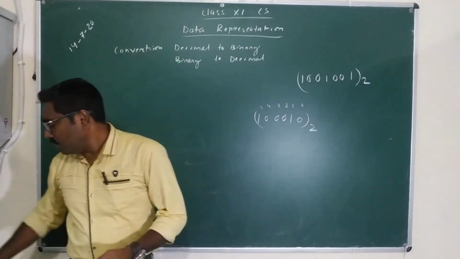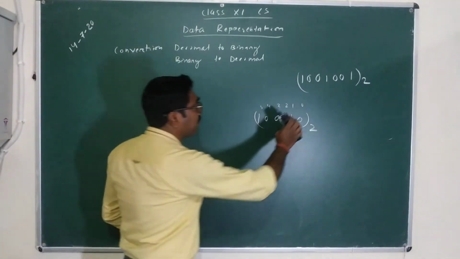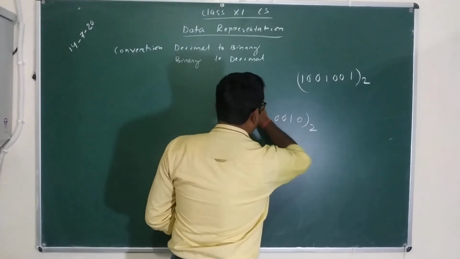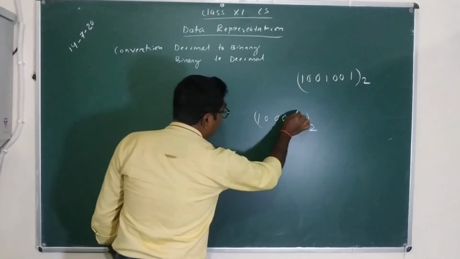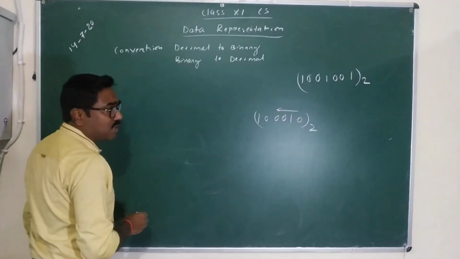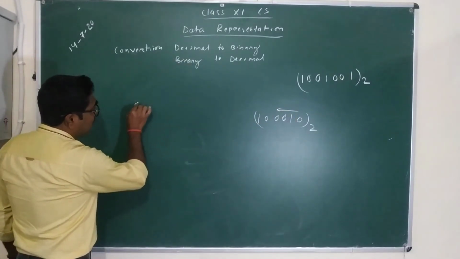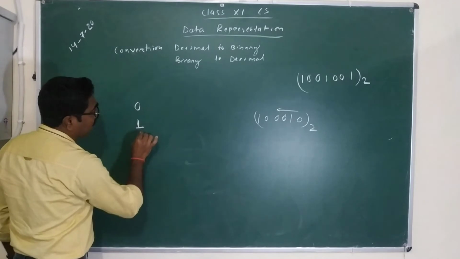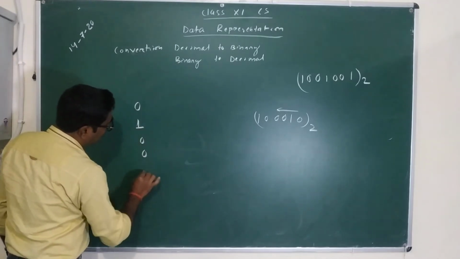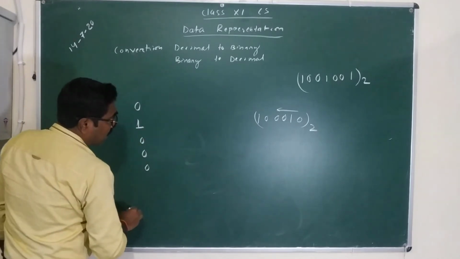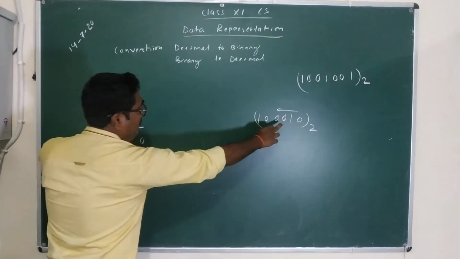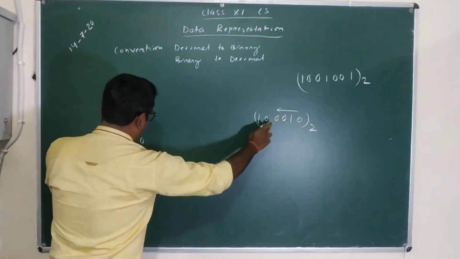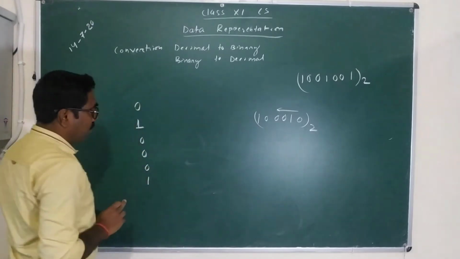Now for converting any binary number to a decimal number, what happens? Write down the number from right to left. That means here I am writing 0, 1, 0, 0, 0, 1.